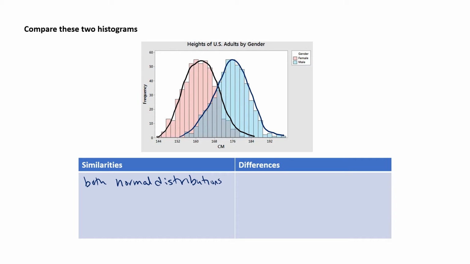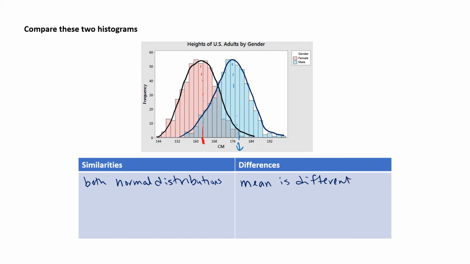But in this case, the mean is quite different, and we know that just from practical observations, that women tend to be a bit shorter than men, and that's what these graphs represent. The mean of females is approximately about here, and of males is right there. So in this case, the thing that is different is the mean.